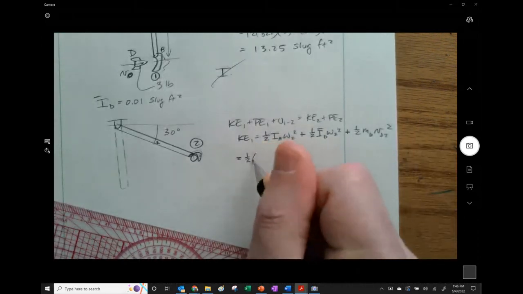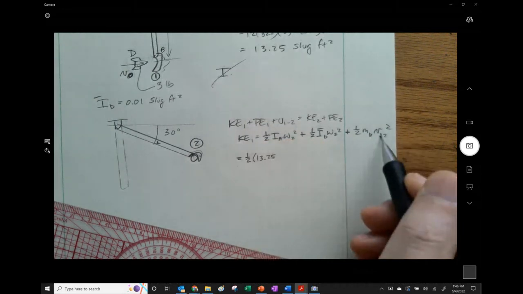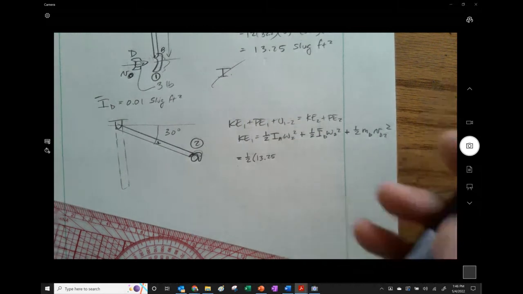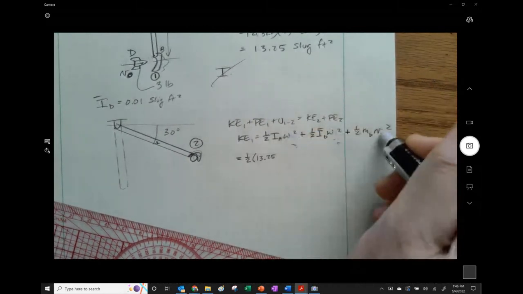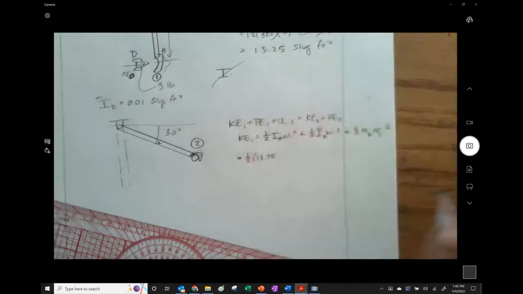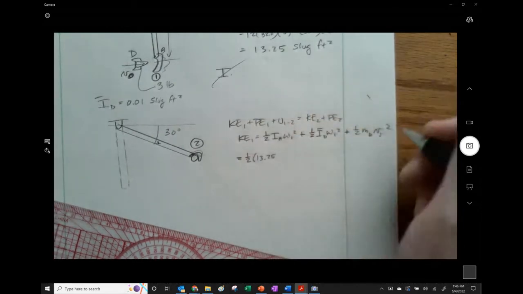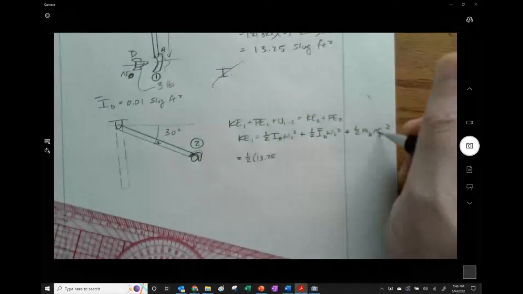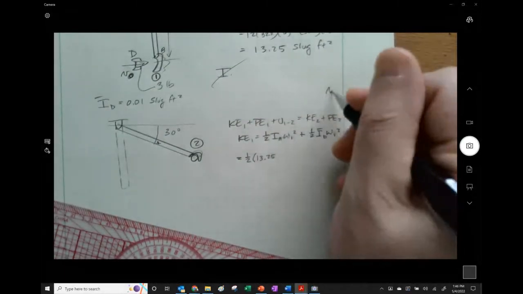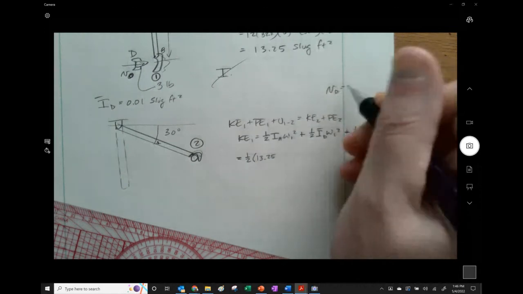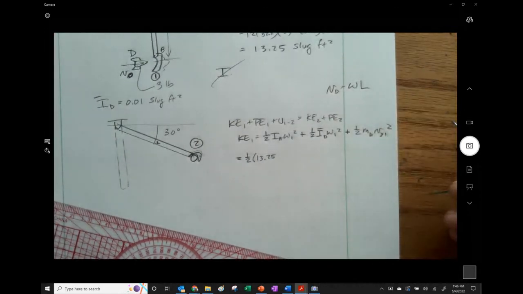If we're going to do that, shouldn't the velocity be VD1? Oh yeah, you're right. All of them should be 1s. Thank you. My brain is just not working. And VD should equal omega L, right?